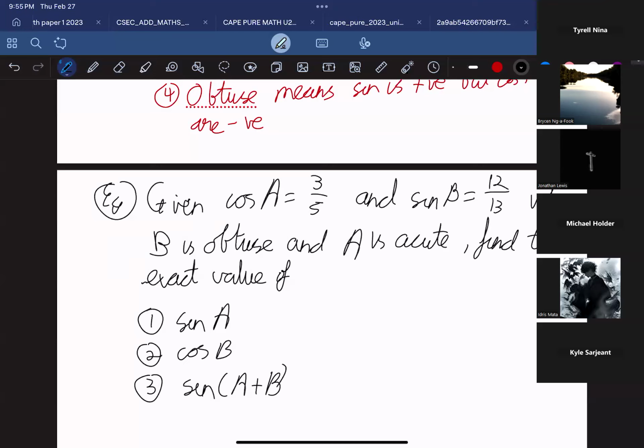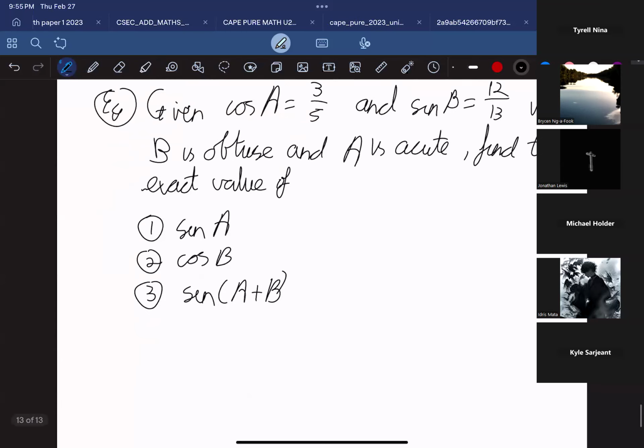All right, so let's look at it. Remember I said you draw the triangles. So that'll be for A. The adjacent is 3 and the hypotenuse is 5.